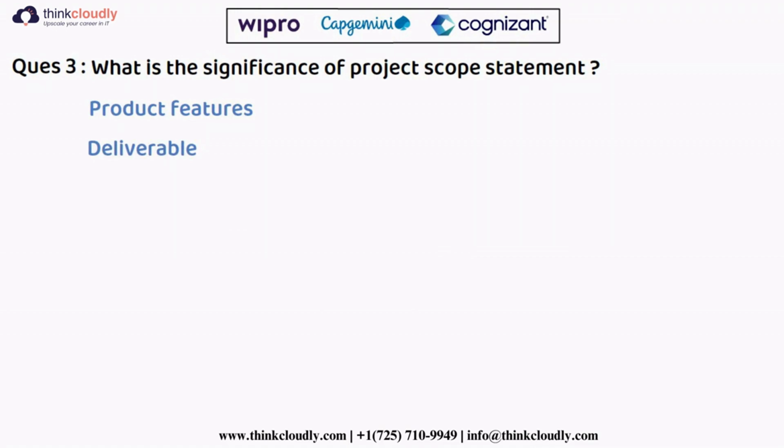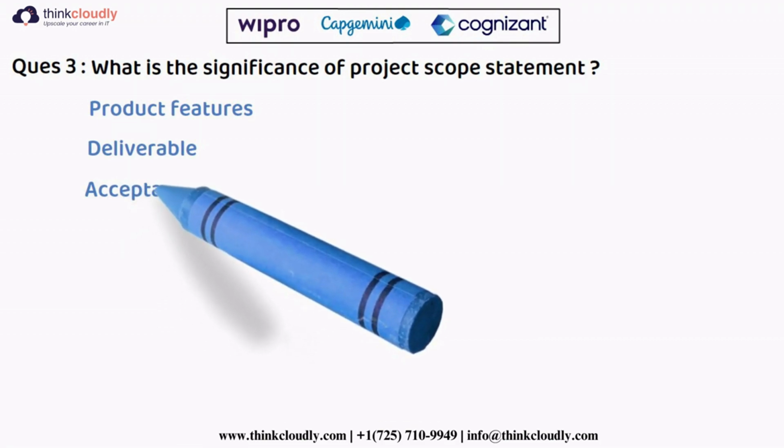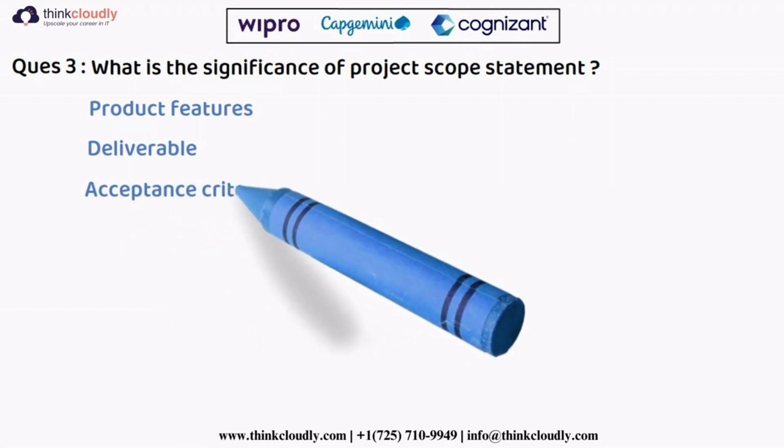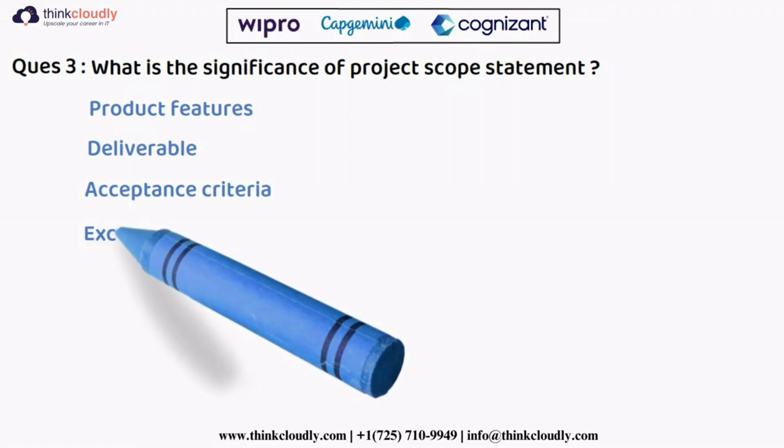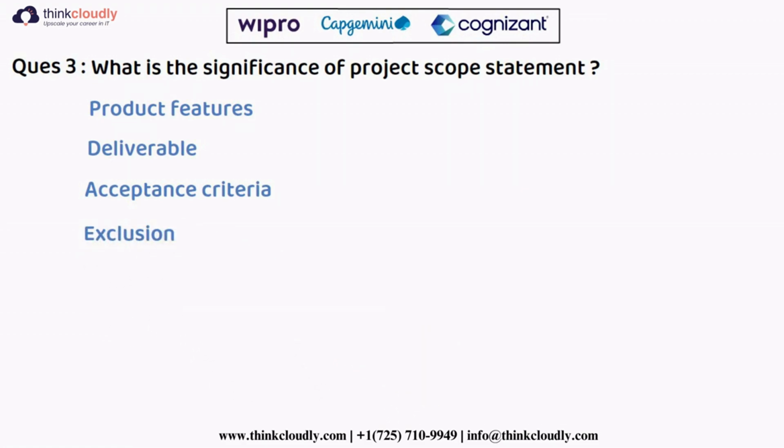Next is acceptance criteria, the criteria based on which your product will be accepted by the client. Next is project exclusion, what all you are not going to include in the product. So the project scope statement helps you to clarify product features, deliverables, acceptance criteria, and exclusions.